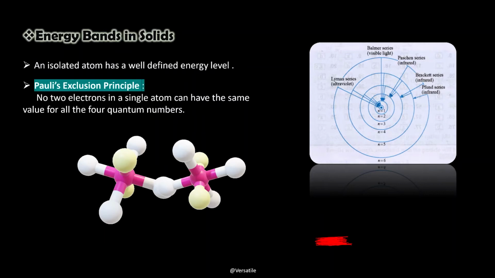Now instead of discrete values of energy of electrons, the energy values lie in a certain range. The collection of these closely packed energy levels is said to form an energy band.